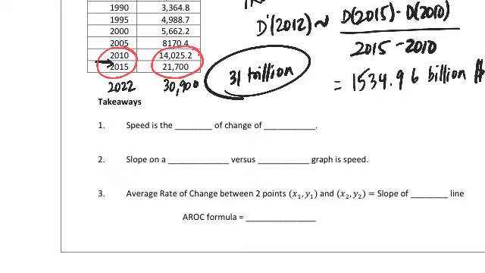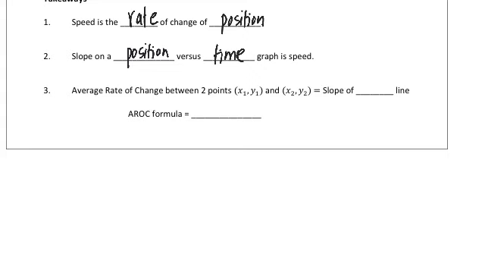It's very important to remember that speed is the rate of change of position. Slope on a position versus time graph is the speed. Average rate of change between 2 points is the slope of the secant line. The AROC formula is y2 minus y1 over x2 minus x1.